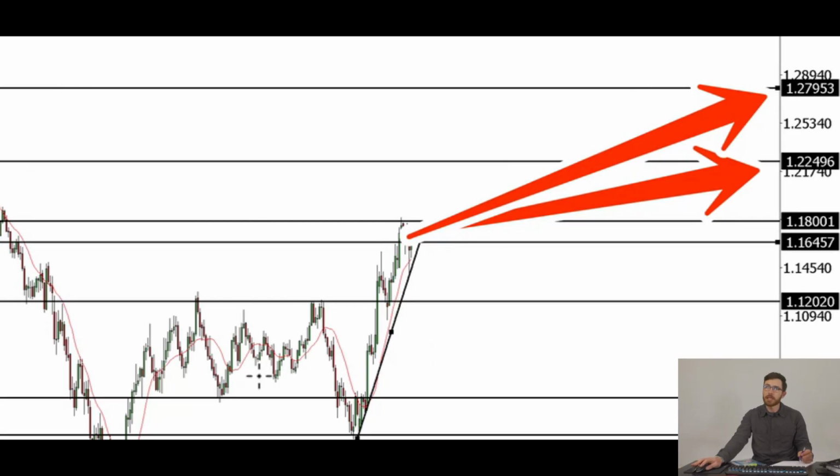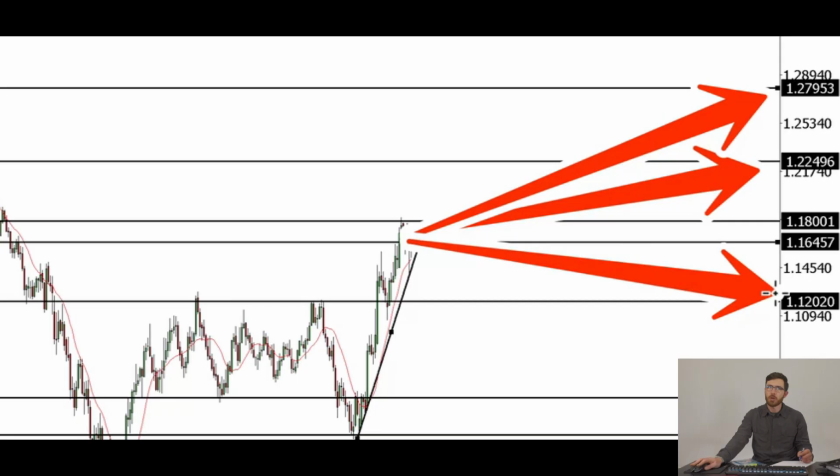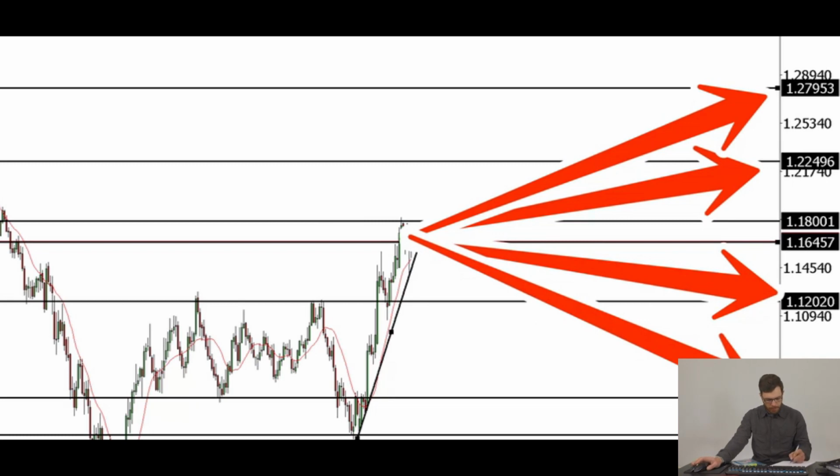So I'm going to say here 1.27. Or you could see the market, if it pivots and it moves beyond 1.12, where could be the next point that it moves to? It could move to 1.048. So as a second pivot, I'm going to just say here 1.048. So what we're doing here is we are being able to write down all the possible outcomes for being able to do this test.